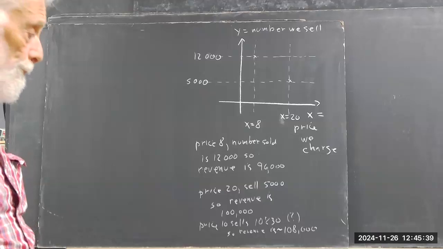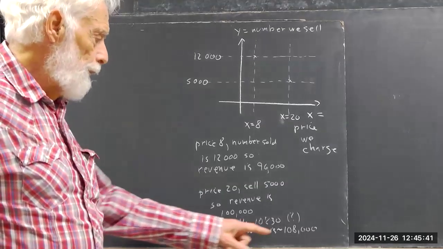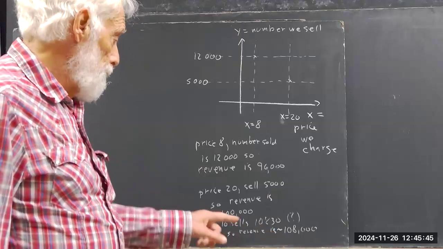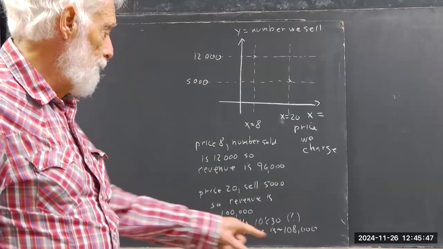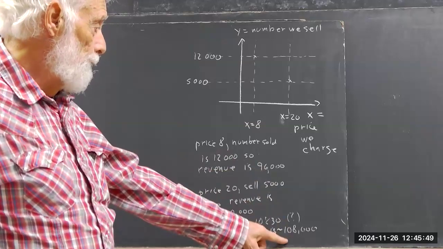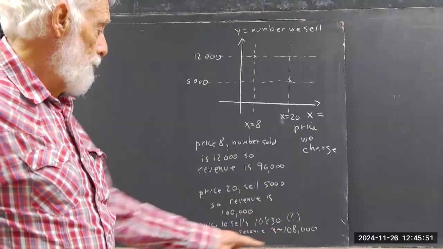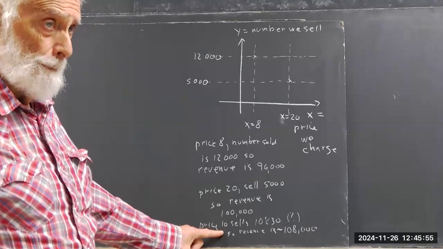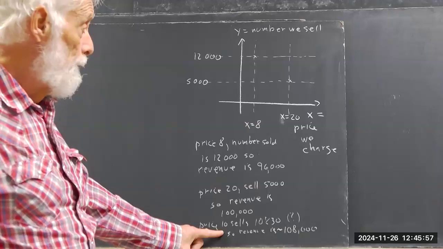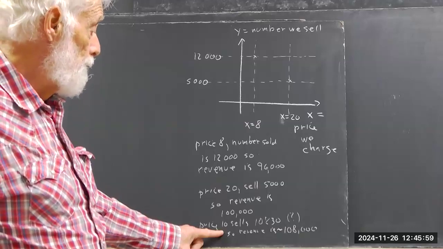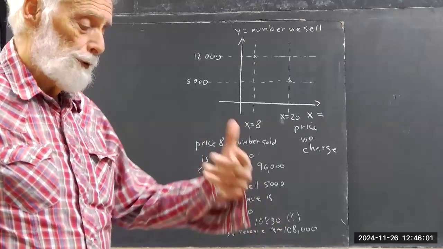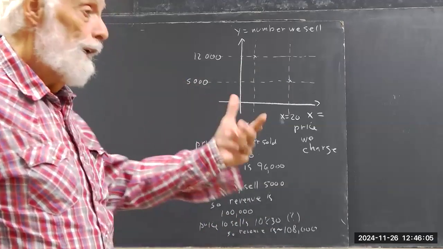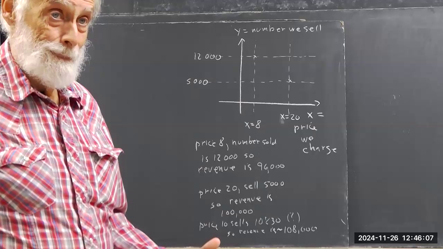If that's right, that tells me that the rate of change of the revenue, well, revenue increases by 12,000 when the price goes up by $2. It means the rate of change of the revenue with respect to price is about 6,000.